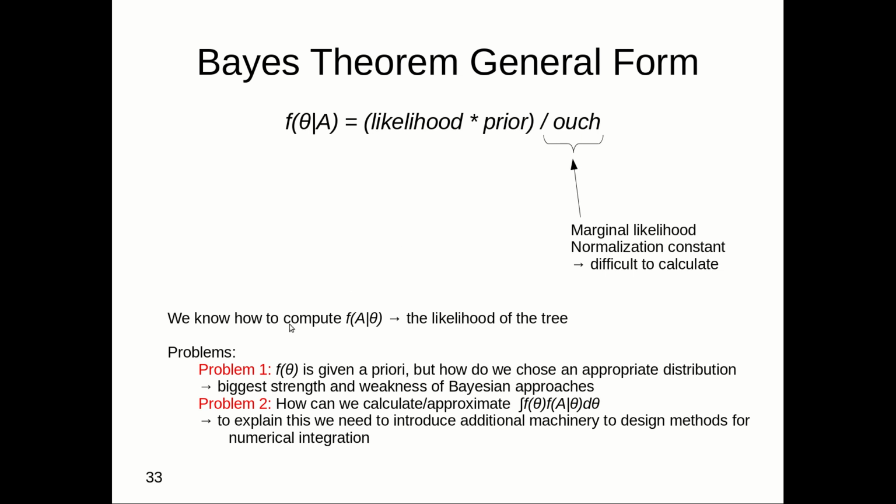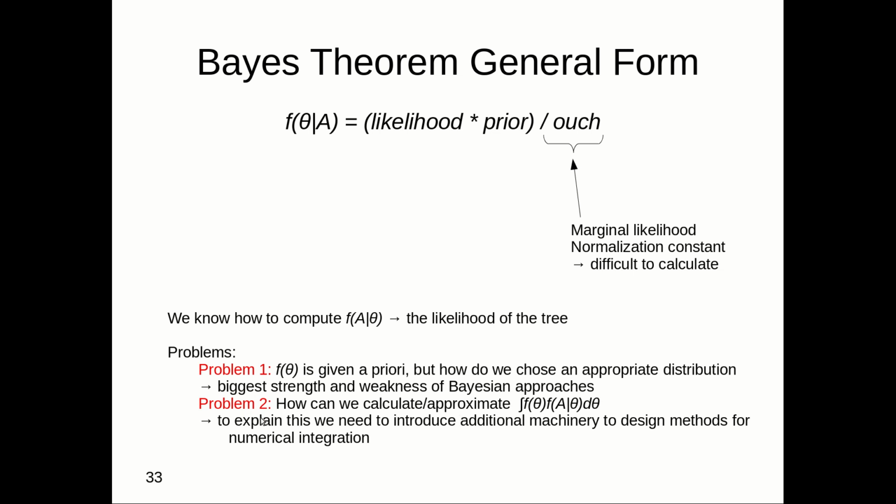Again, we know how to compute the likelihood, so this is just the likelihood of the tree. We need to be careful when we choose the prior probability distribution for all parameters in our parameter vector theta. And then problem number 2 is how can we actually approximate the marginal here.